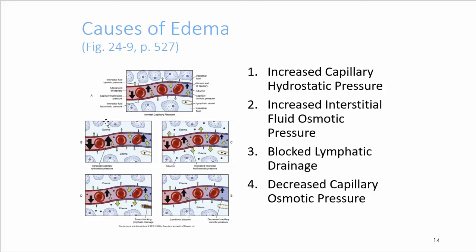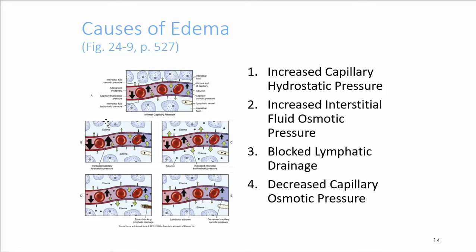So basically, because there's four forces, we can end up with about four different types of edema. A real common one is increased hydrostatic pressure in the capillaries. That's anything that increases blood pressure. This is hypervolemic blood, so there's too much blood, too much liquid.